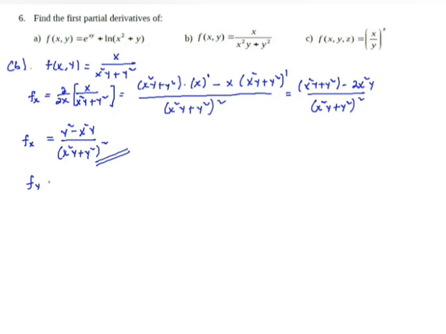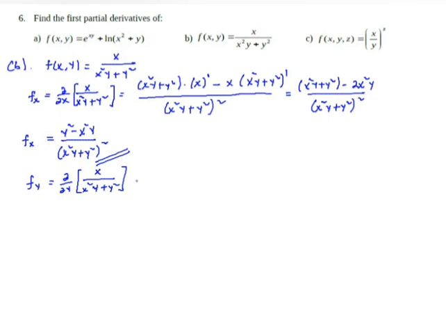For fy, we take the partial derivative of the function with respect to y. Okay, so x over x square y plus y square. Again, we can take the derivative treating x as a constant.